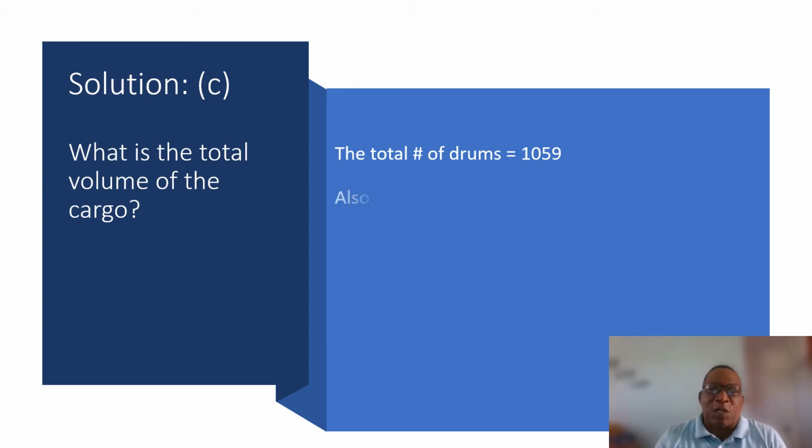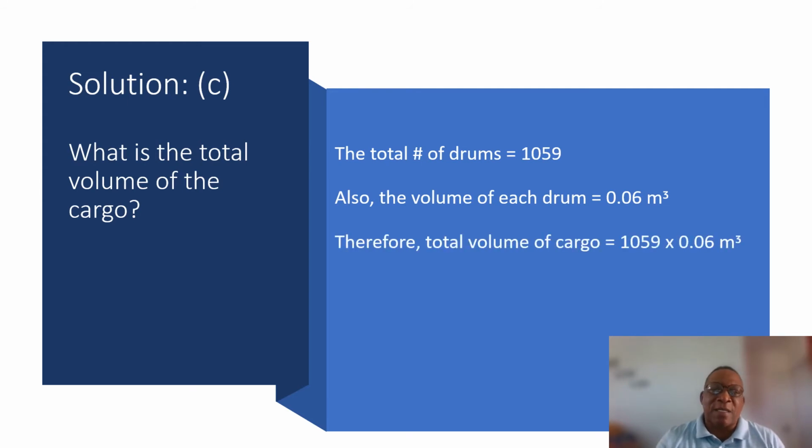So the total number of drums being 1059, and the volume of each drum being 0.06 cubic meters, the total volume of the cargo is 1059 times 0.06 cubic meters, which would give us 63.54 cubic meters.